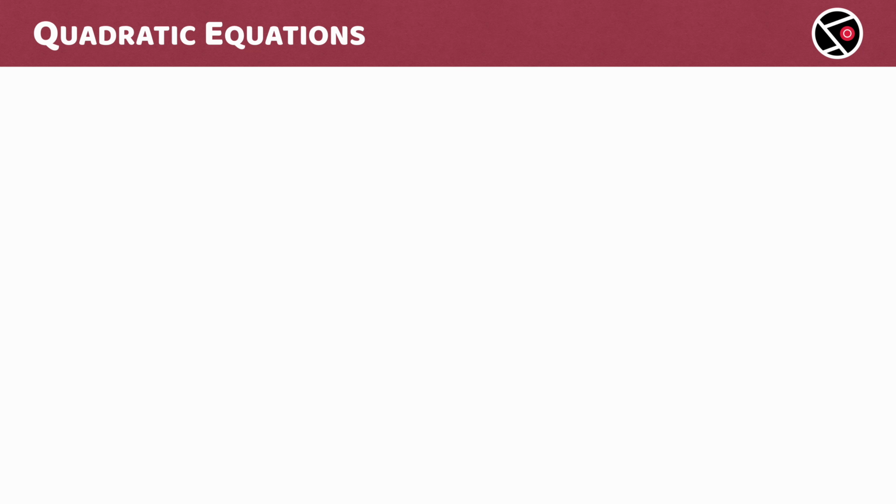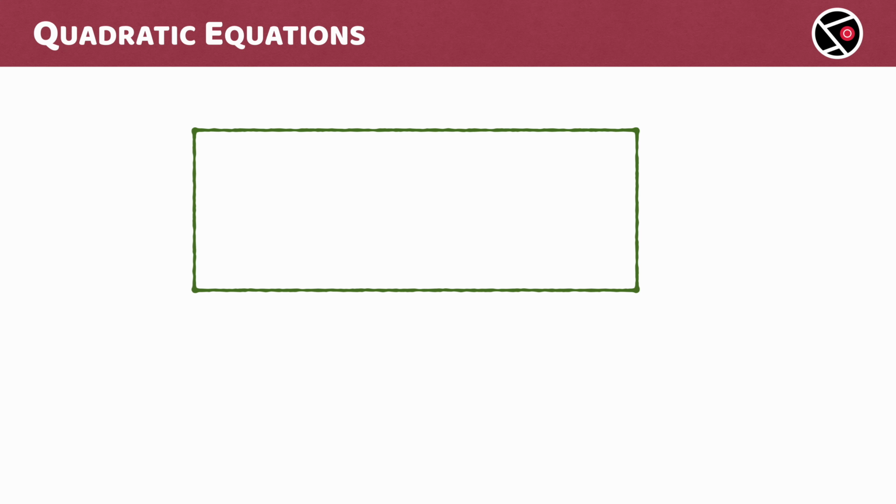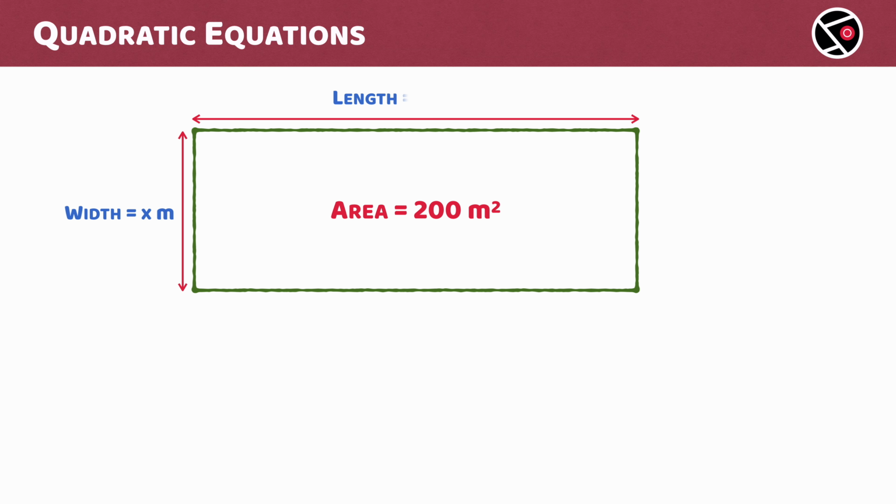Imagine you have a rectangular plot of land. The area is 200 square meters. The length is 4 meters more than the width. So, if the width is x, the length is x plus 4. Now, can you find the dimensions of this plot?